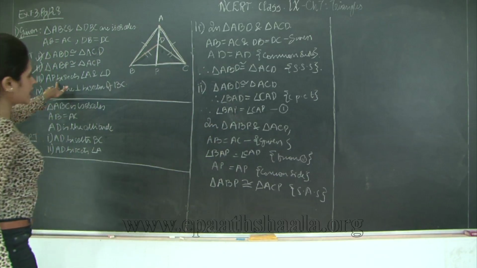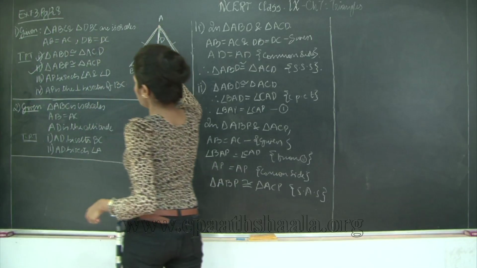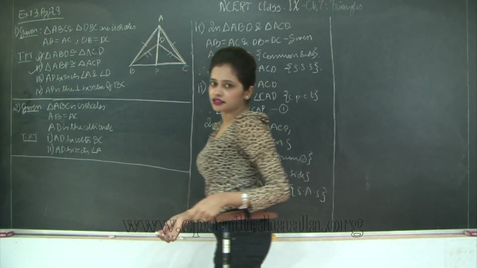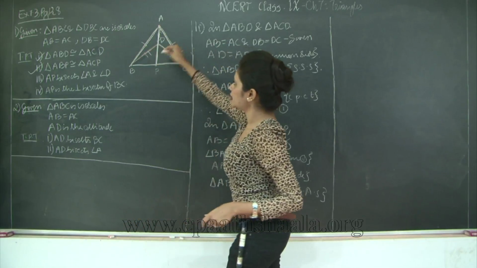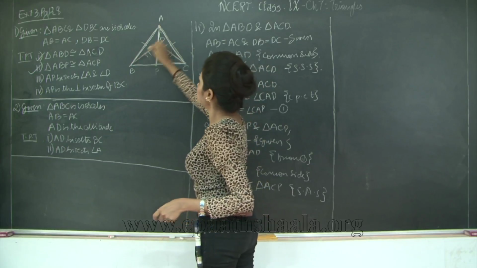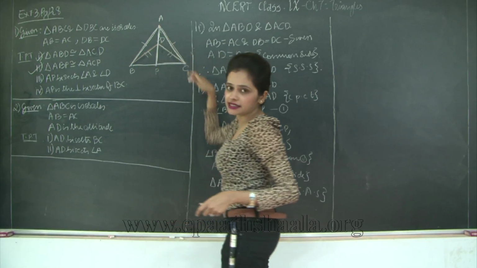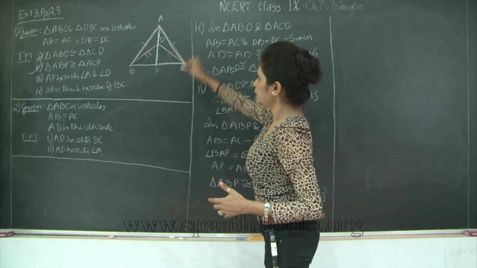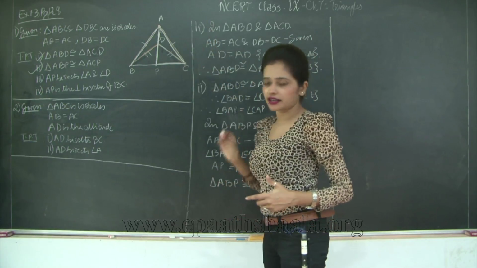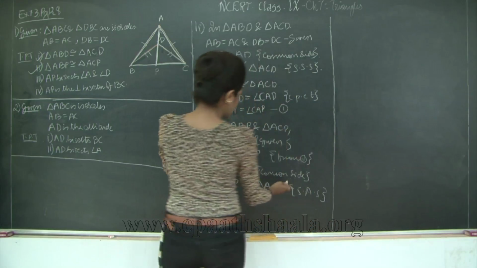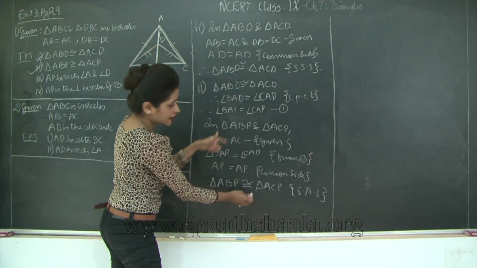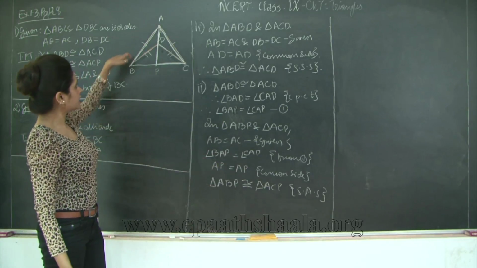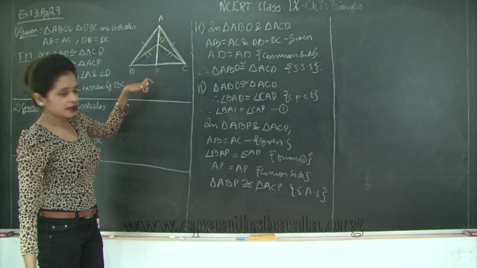Now, I need to prove that AP bisects angle A and angle D. So which is my angle A? BAC, and my angle D is BDC. So what do I need to prove? That BAP is equal to CAP, correct? So obviously, when we have proved that triangles ABP and ACP are congruent to each other, I can say that BAP is equal to CAP.